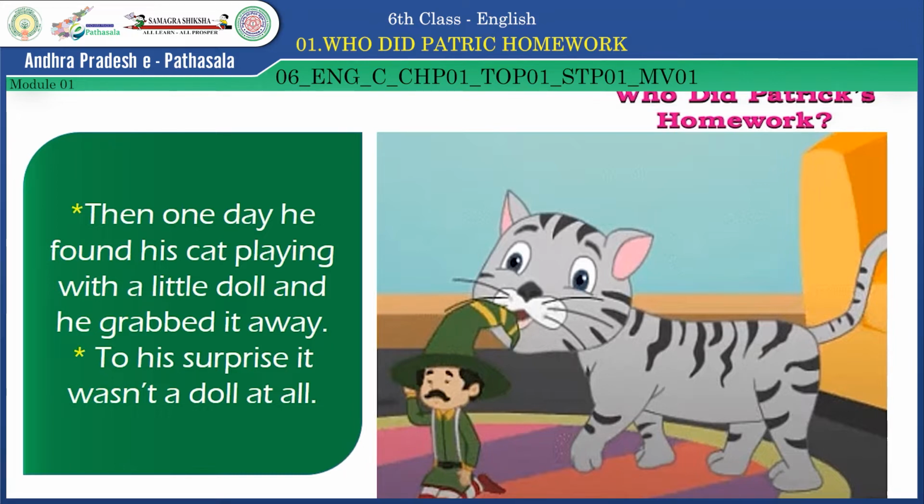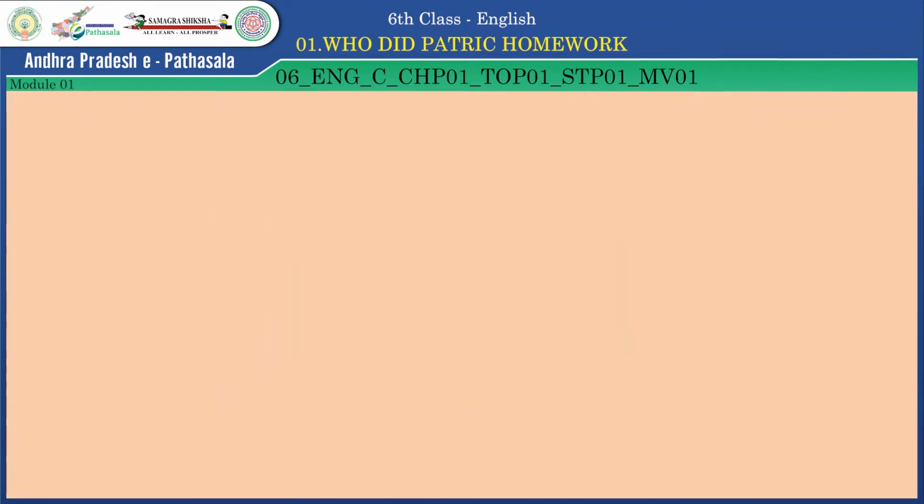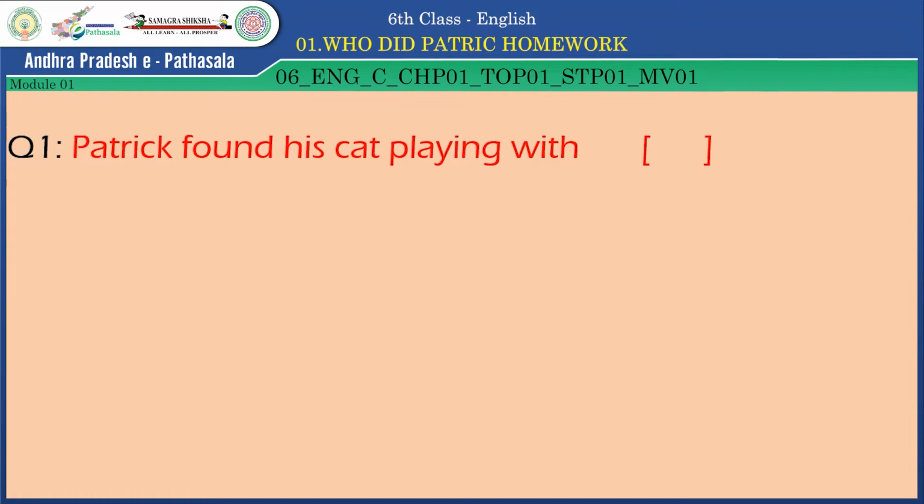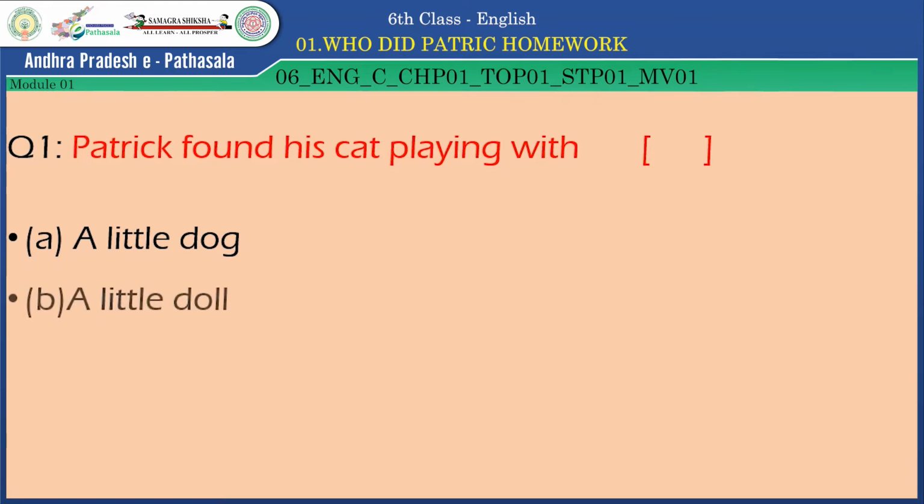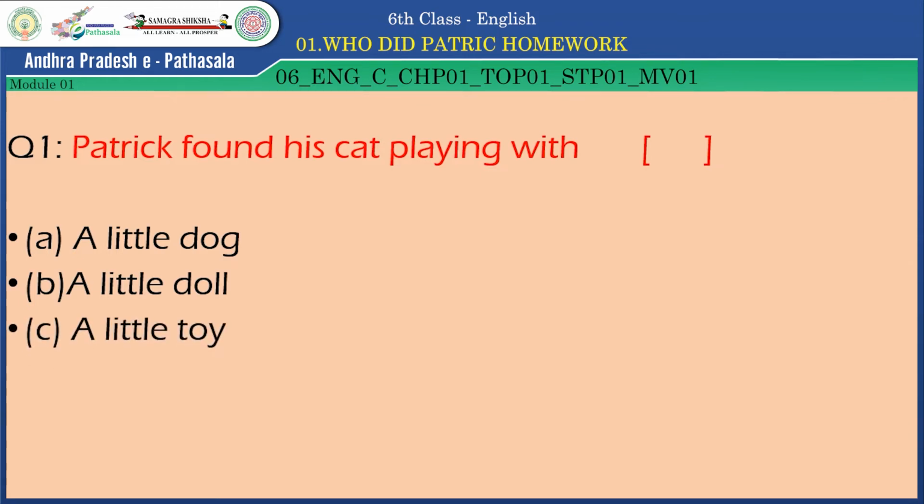Okay. I will ask one more question. You should tell the answer. The question is, Patrick found his cat playing with: option A, a little dog; option B, a little doll; option C, a little toy; option D, a little snake.